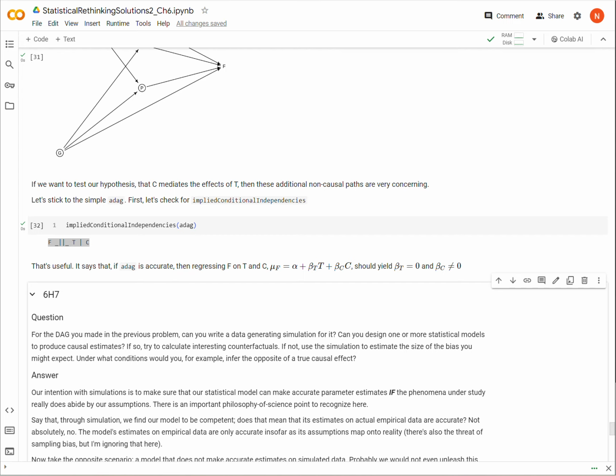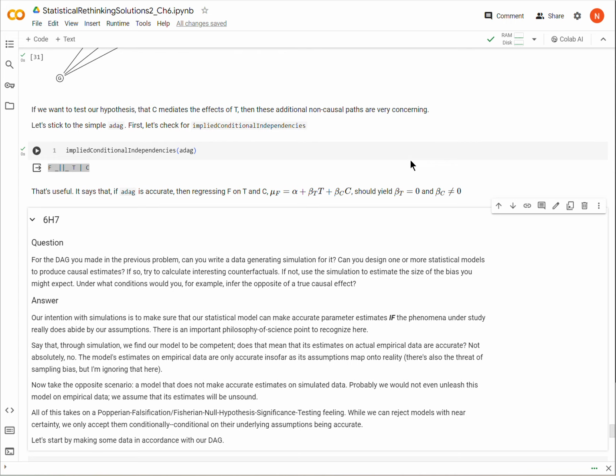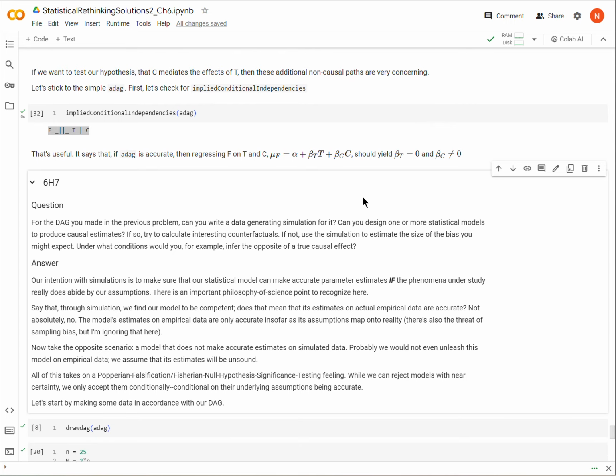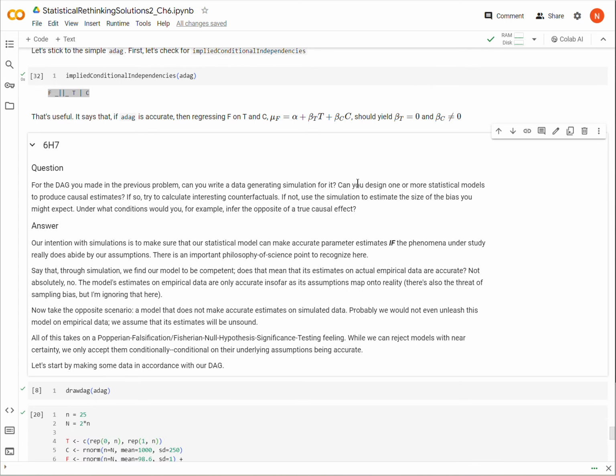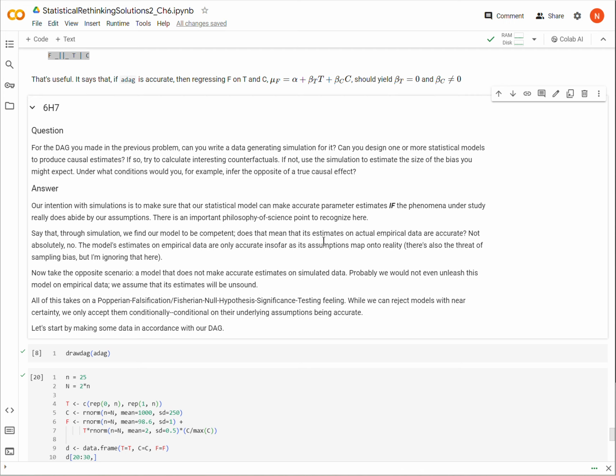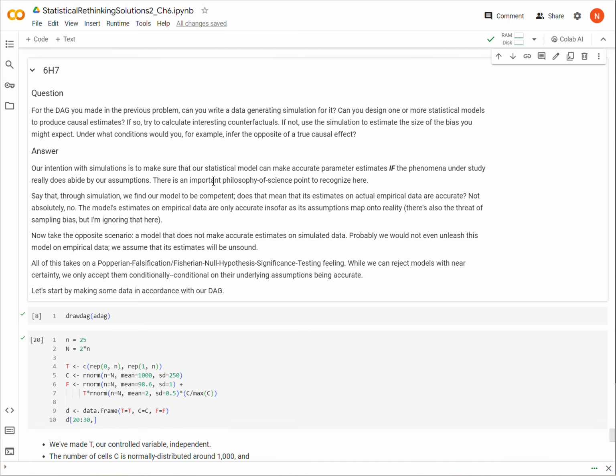So before doing that, I think it's important to make clear what we're trying to do when we're running these simulations. We're going to simulate some data and then deploy a model on that fake data to make sure that our model is capable of detecting the kind of effect we think there is.